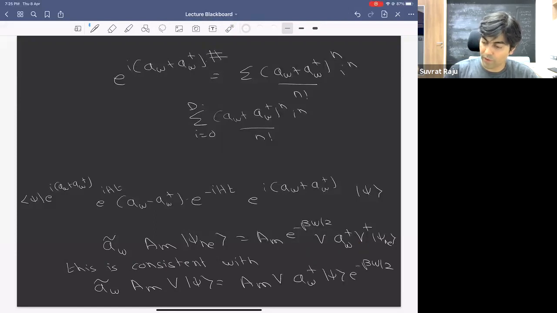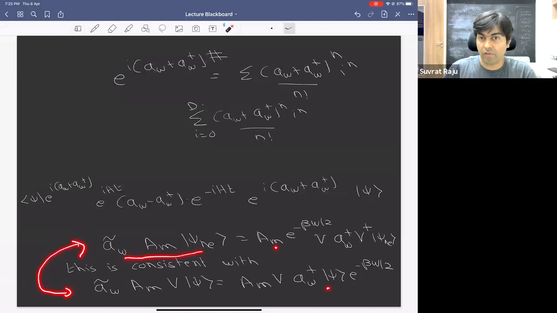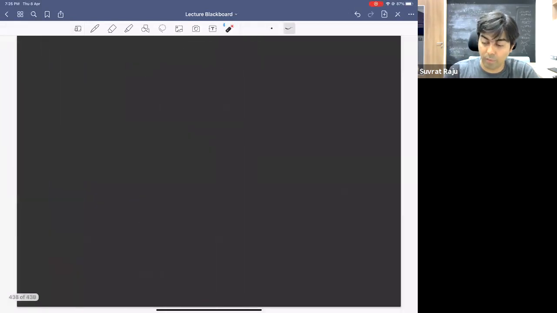These two expressions are in fact the same expression, this one and this one, even though this one is written in terms of a construction on a near equilibrium state, and this one is written in terms of a construction on an equilibrium state. But notice that this factor of v and v dagger that we have above precisely ensures that these two are consistent. Okay? So this ensures also that the mirror operators do not suffer from a frozen vacuum problem.